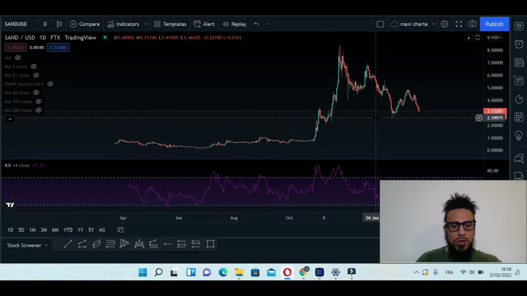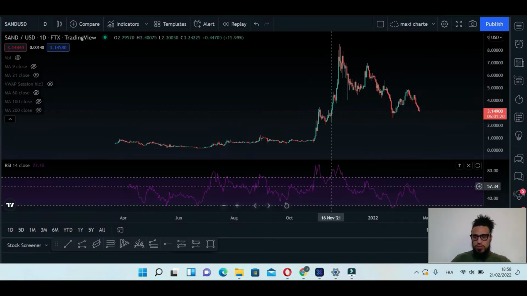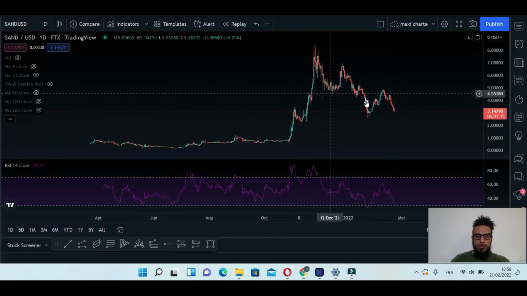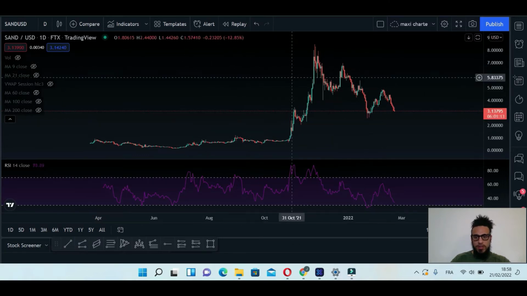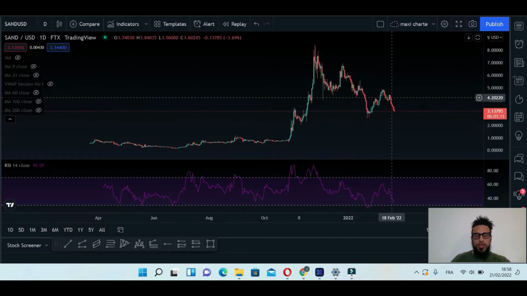So let's take a look at the SAND chart today and see what the market is doing and where it is heading. Let's reduce that real quick. As you all can see, this is a pretty bearish chart.